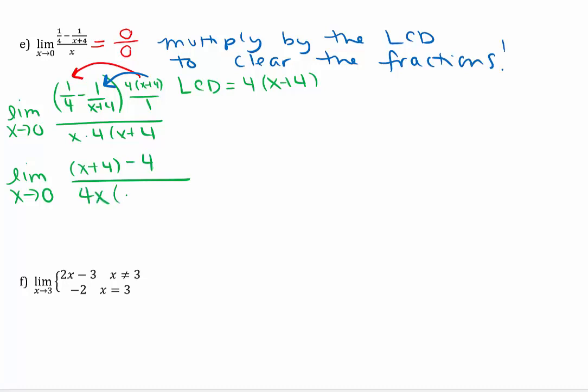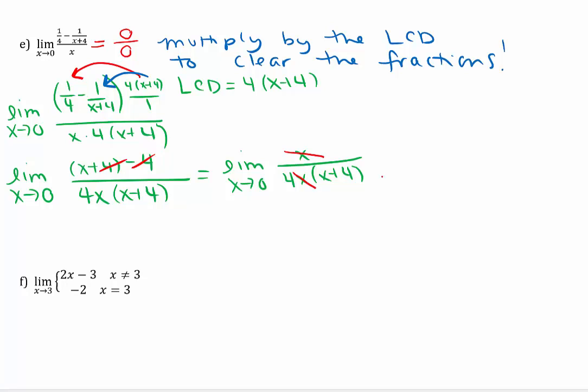I'm just going to leave it in factored form as 4x, x plus 4. In the numerator, we can get rid of parentheses and combine like terms. And if we do that, the 4's cancel out, they add up to 0, and we're just left with x in the numerator.